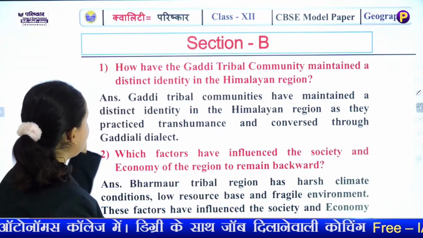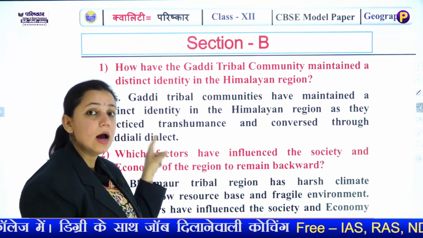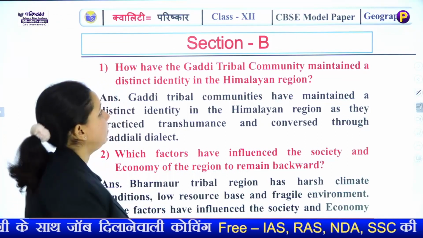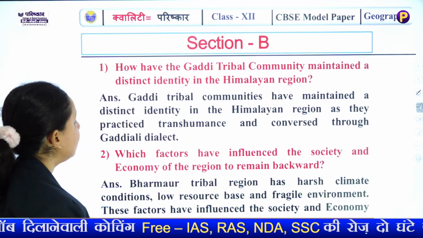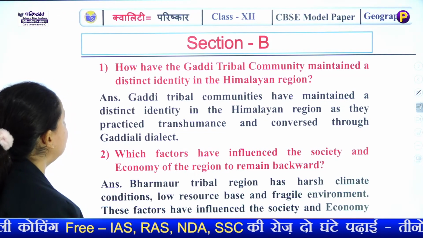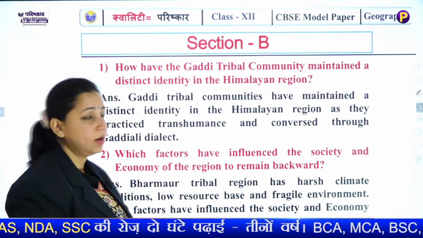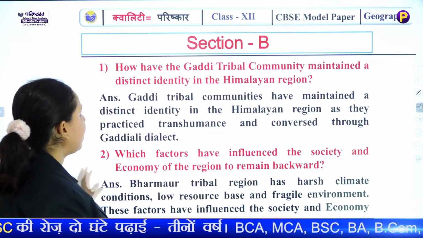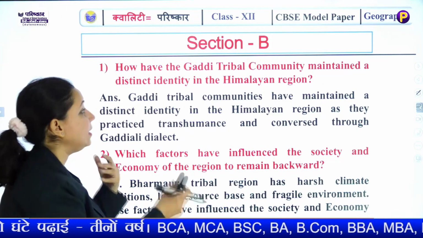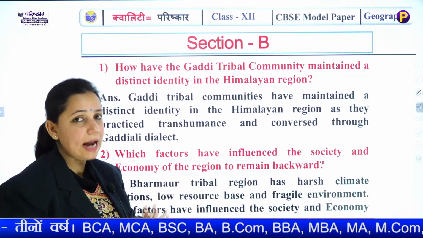Based on this passage, our first short answer question will be: how has the Gaddi tribal community maintained a distinct identity in the Himalayan region? Right? Gaddi tribal community, how have they maintained a distinct identity?